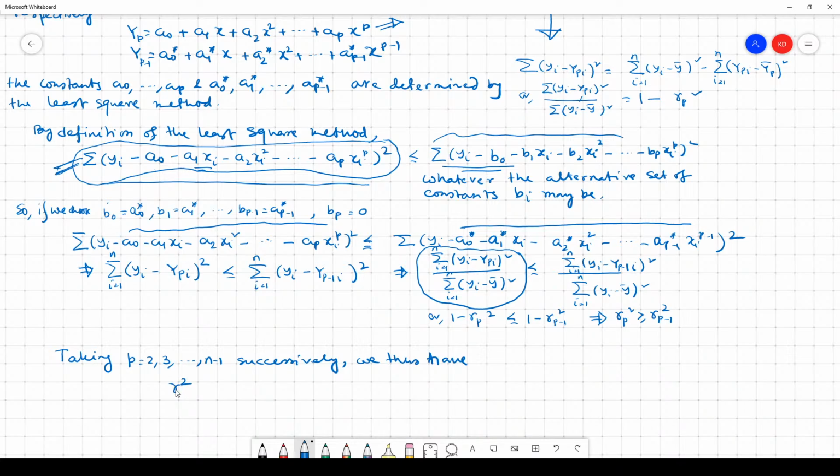R1 square is simply the case where we consider the linear, first degree, that is y equal to a plus bx. So instead of r1 square, I write r square. So r square equal to r1 square is less than or equal to r2 square, which is a second degree polynomial, then a third degree polynomial, and so on.